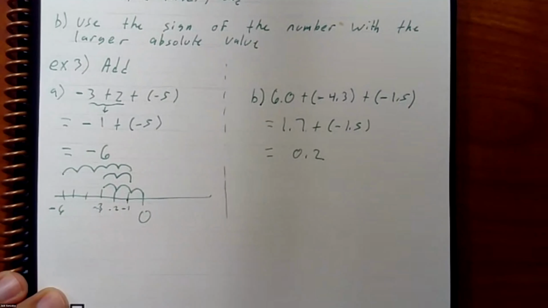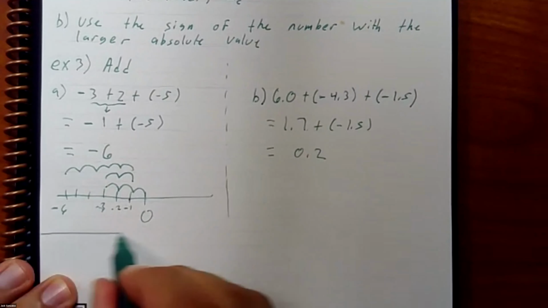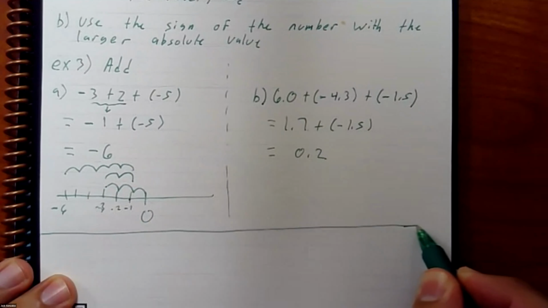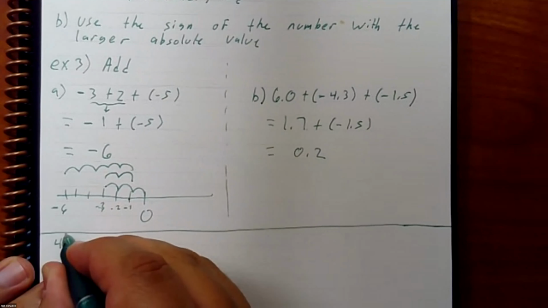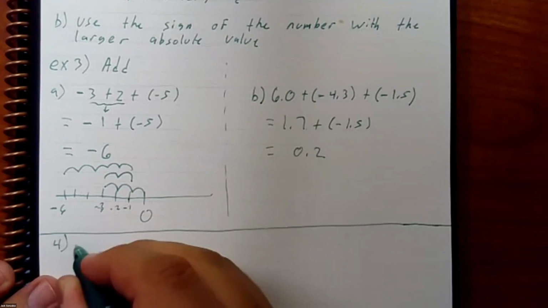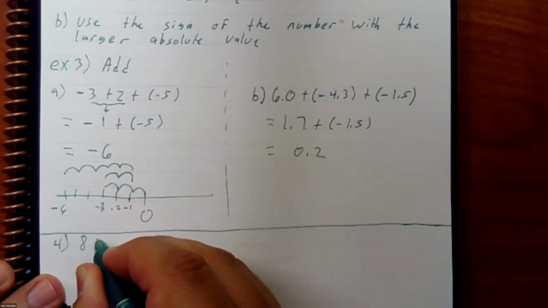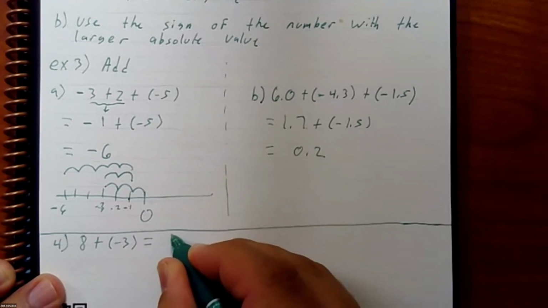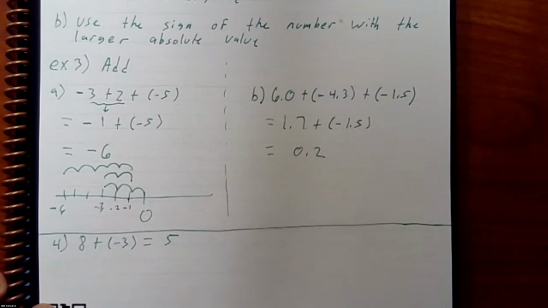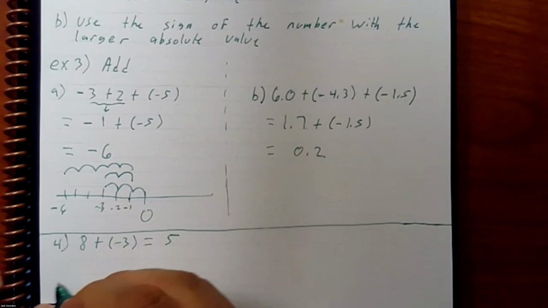Okay. Here we go, and write them down here because the recording can't see that other screen without sharing. Number 4. What'd you guys get? Oh, five. They keep the sign of the biggest one, right?